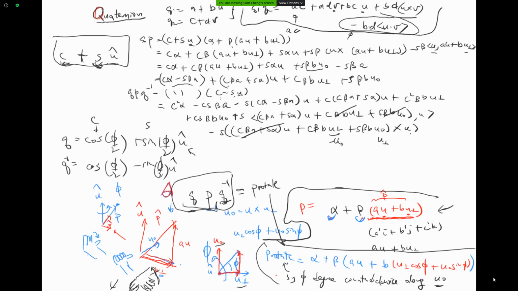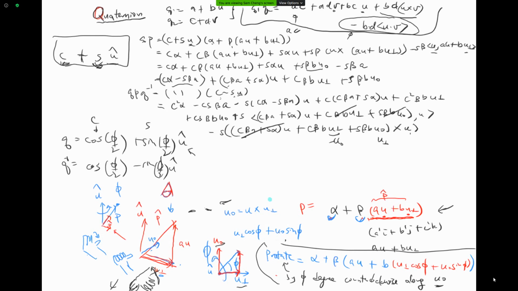So now I guess we can start, maybe I erase some more here. For this guy here, U times U is just equal to 1. So here I have SC beta A and this is CS beta A, so I can cancel one of these terms. And I have S square alpha here, and C square alpha here.